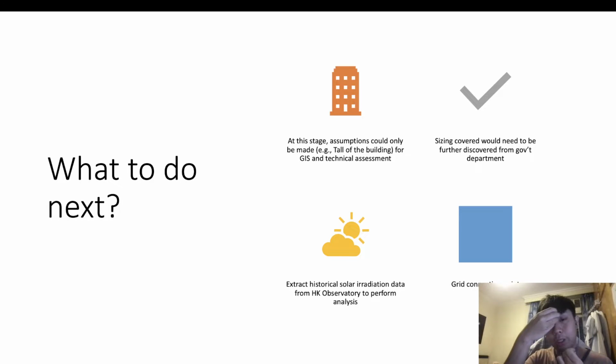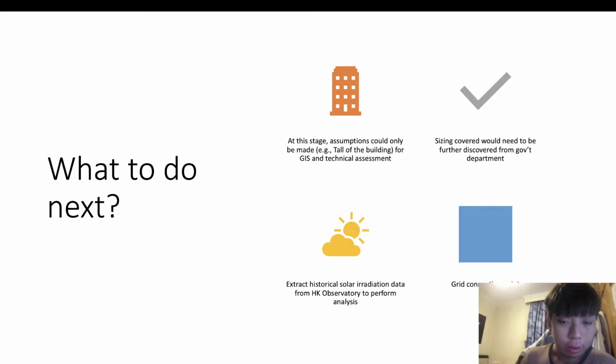And what to do next? At this stage, we can only make assumptions since they haven't been constructed yet. For further GIS or other technical assessment, like the mathematical detailed calculations and the sizing covered, which is just a rough estimation, we would need to read documents from the government departments or consult them.